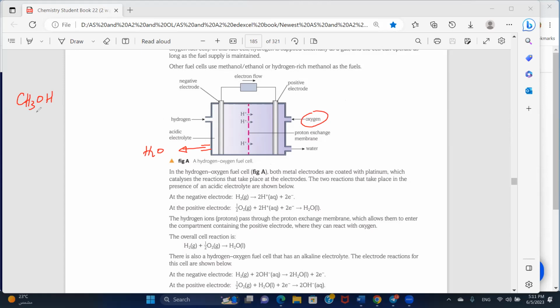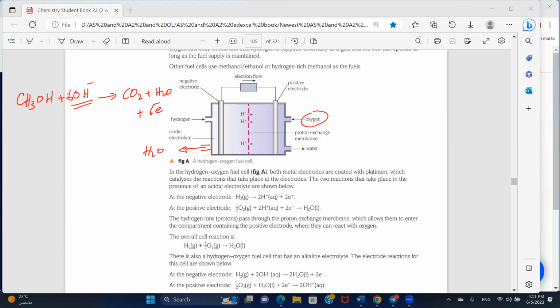So only the hydrogen is replaced by methanol, and methanol will produce electrons where it reacts with, for example, hydroxide ions, if the electrolyte here is an alkali. It reacts with 6 hydroxide ions, produces carbon dioxide and water, and it produces 6 electrons as well, where every hydroxide ion will leave an electron.